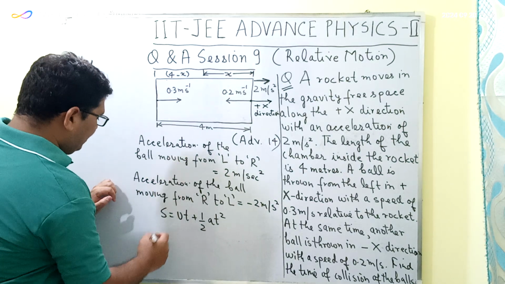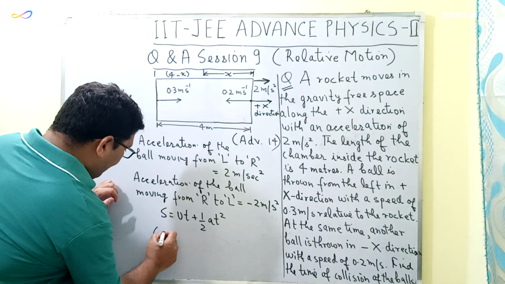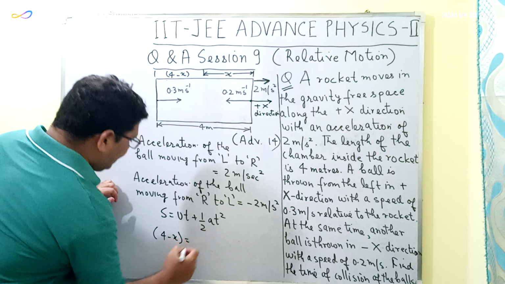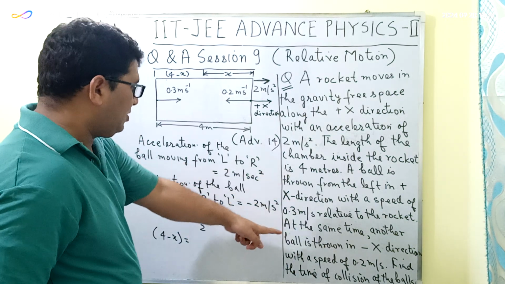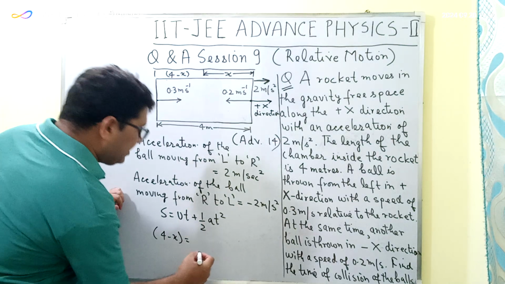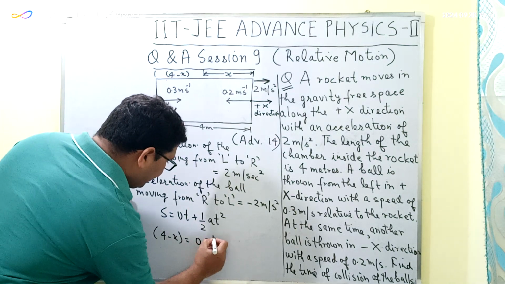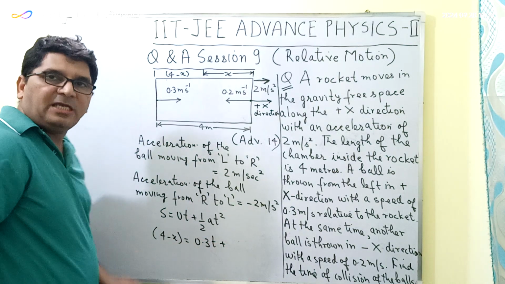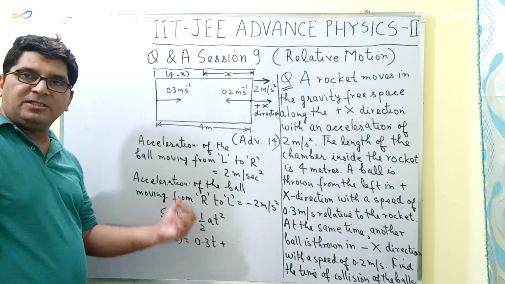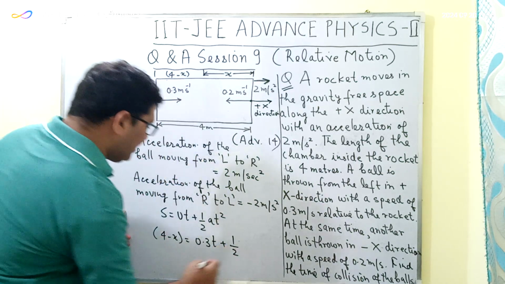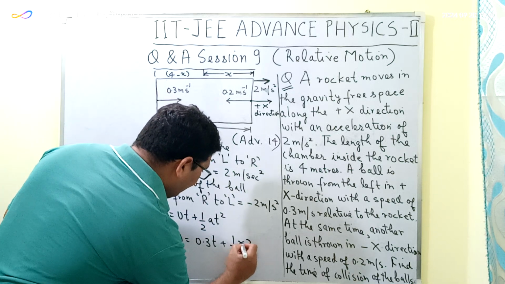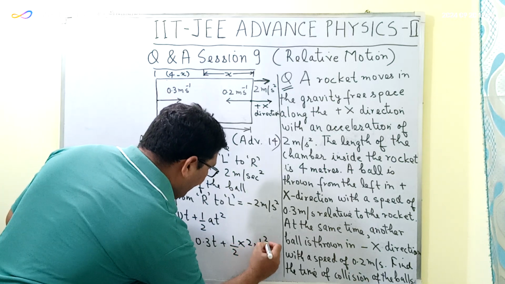In that case, S will be equal to 4 minus x, and the initial speed is equal to 0.3 meter per second. So 4 minus x is equal to 0.3 t, and t is the time of collision. This t will remain the same for both the balls, plus half into the acceleration of this ball, 2 meter per second square, into t square.